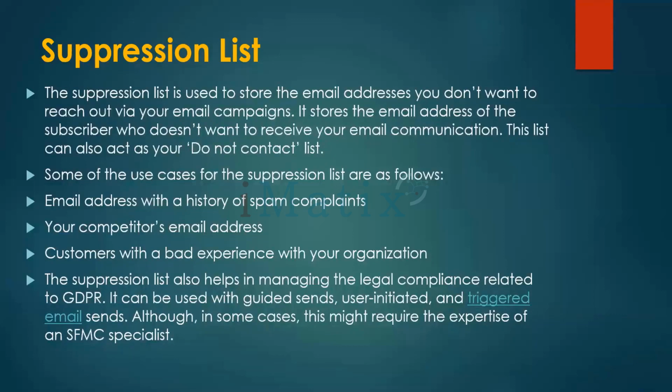When I am promoting my emails, I do not expect they should get organization related announcement notifications. There are some people I do not want to reach, like ex-associates or similar kinds of business contacts. I have to create a list. A suppression list is used to store the email addresses you do not want to reach with your email campaign.